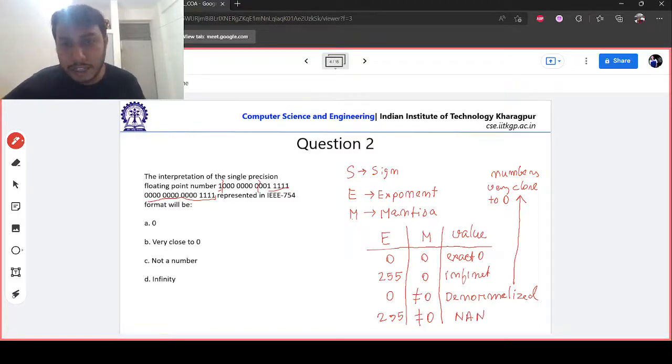Now what is the case given here? In this case the exponent part is 0, but the mantissa part is a certain nonzero number. So which of the following options does it represent? It represents denormalized numbers, which are numbers very close to 0.